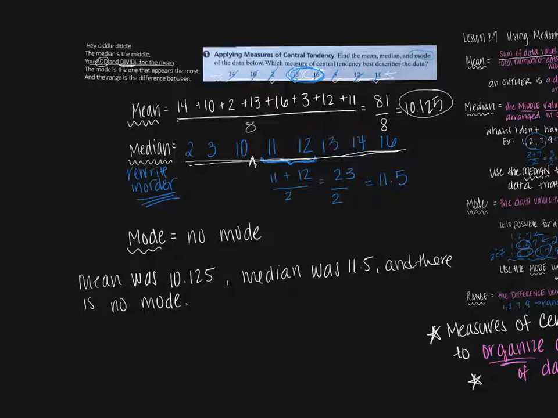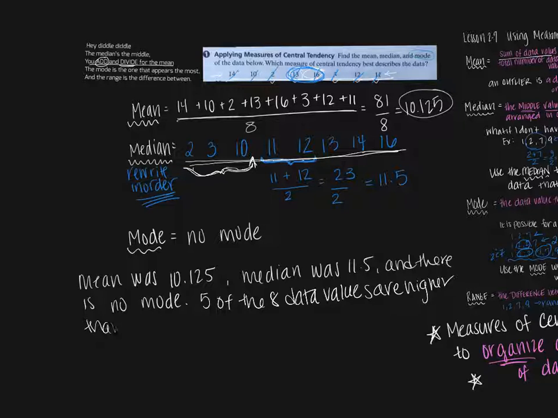But notice that really skews my data. It's saying that my data is more heavily interpreted as being on the lower end, where I actually have a full 5 of my 8 data values that are higher than my mean. Maybe my mean is not the best interpretation here.